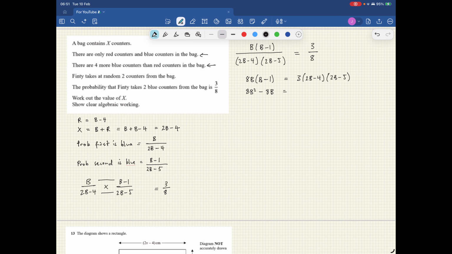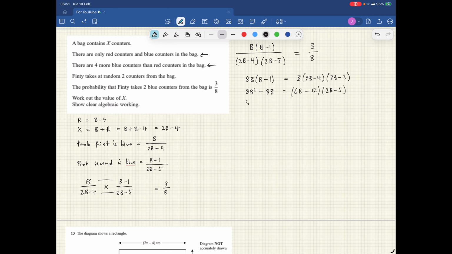And then I can multiply all of this out. So I'll do the first bracket first. 3 times 2b is 6b. 3 times minus 4 is minus 12. And all of that now is going to be multiplying 2b minus 5.